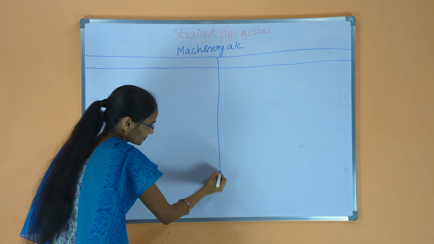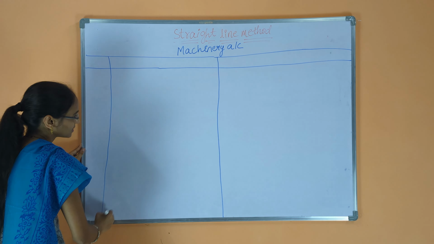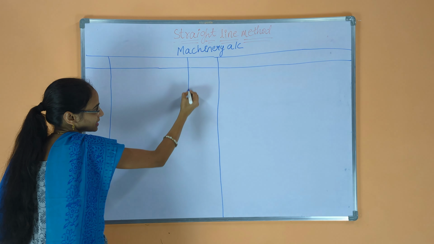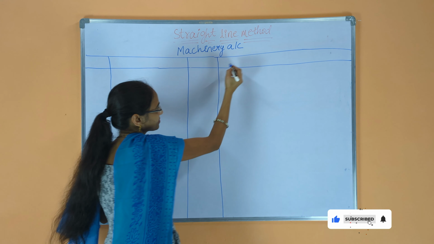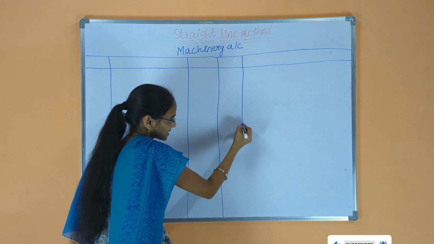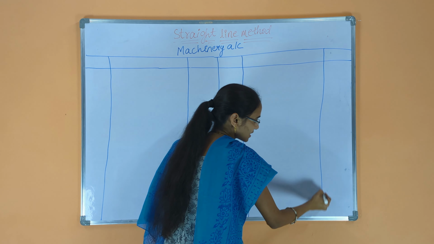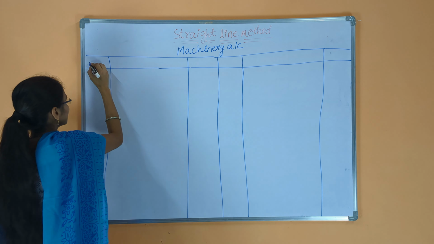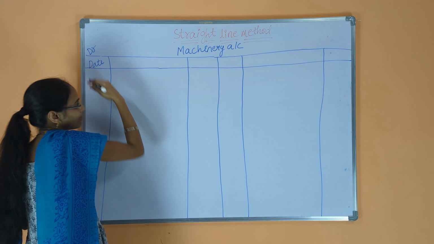Date, particulars, amount, LF number. Next, date, particulars, amount. Right, date. This left side is called debit.